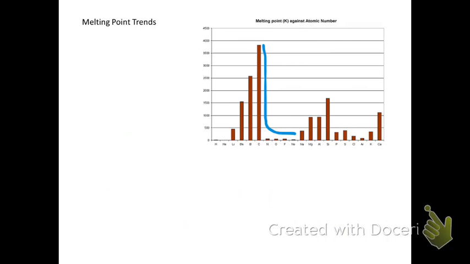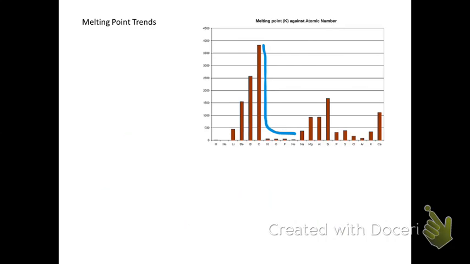So therefore, their melting point will be determined by the van der Waals forces, which are quite weak compared to metallic bonding and those giant molecules that are covalent coordinated. Alright? And so we'll see this trend throughout the periodic table.